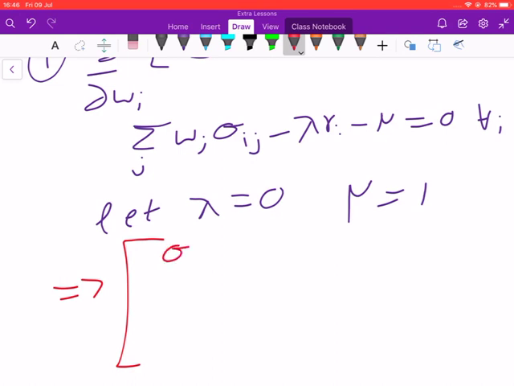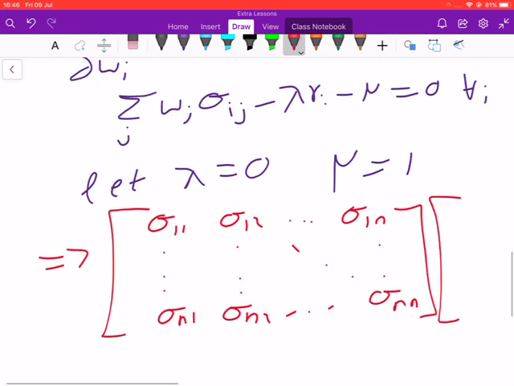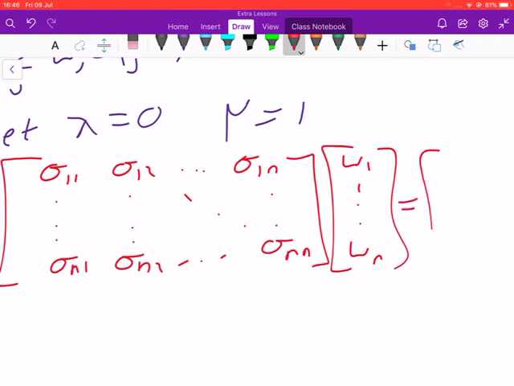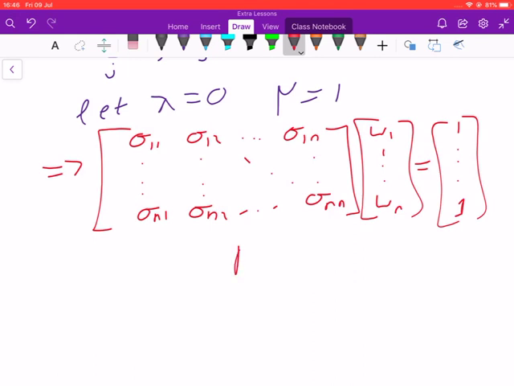You're going to have the variance matrix, sigma 11, sigma 12, up to sigma 1n, all the way to sigma n1, sigma n2, sigma nn, times the weight of 1 up until the weight of n, equals your ones, all the way down. You have Ax equals b, and then you reduce the rows of A, and then find your weights.